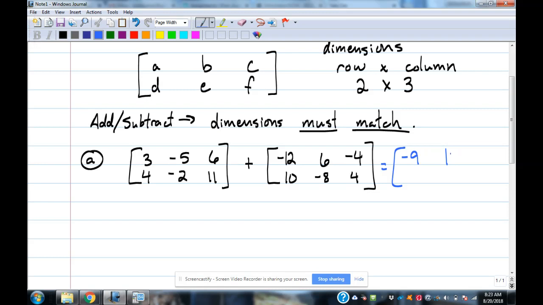Negative 4, match it up, that'd be 2. 4 goes with 10. 4 plus 10 is 14. Negative 2 goes with negative 8, that'd be negative 10. 11 plus 4 is the only thing left. So 2 by 3 plus 2 by 3 gets you a 2 by 3 with addition. Same rules for subtraction. We'll do one in a second, but that's our sum matrix is the correct word for that, but that's the answer, is that matrix.